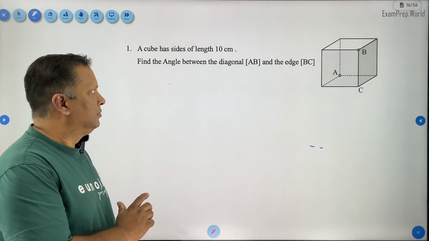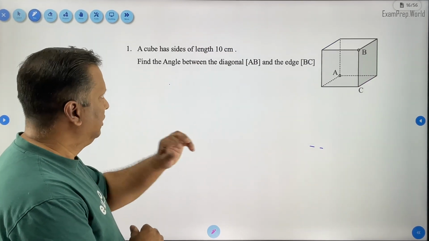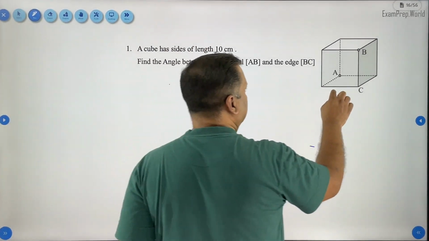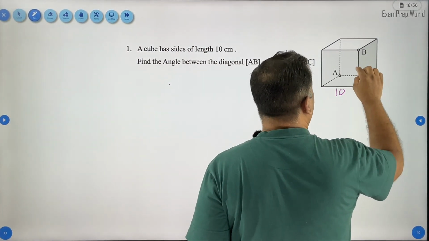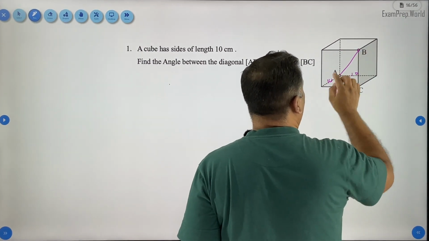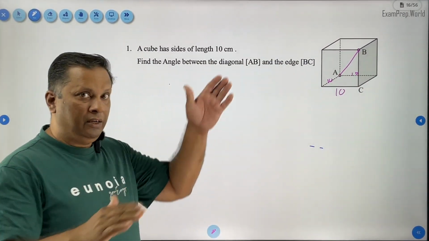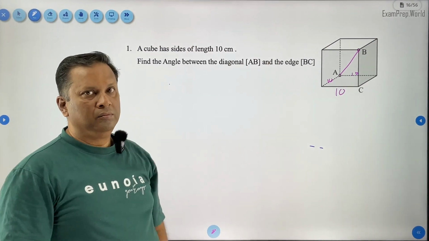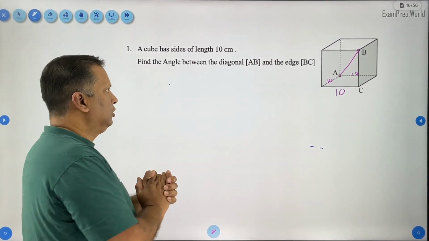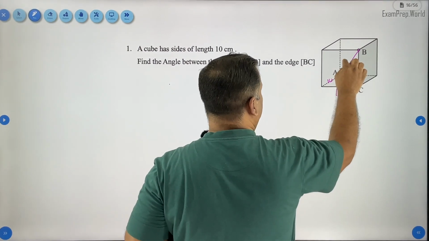So this is our first question. Same thing here. All sides are 10, 10, 10, 10. They are asking you to find AB. What is AB? Diagonal of one corner to the diagonally opposite corner of the cube. So I told you this is L root 3.